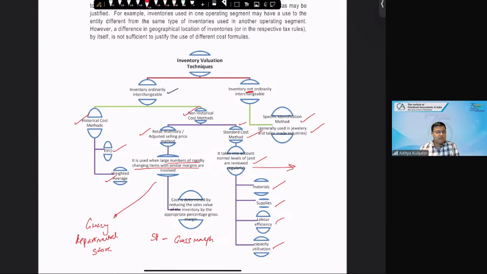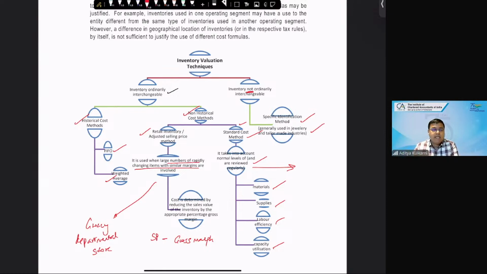Yes. Any doubts? Yes. So inventory valuation techniques depend on two categories. What is the nature of your inventory? If it is specifically identifiable, then the cost for that inventory is what you will consider.